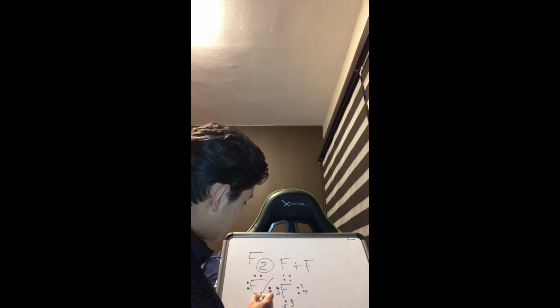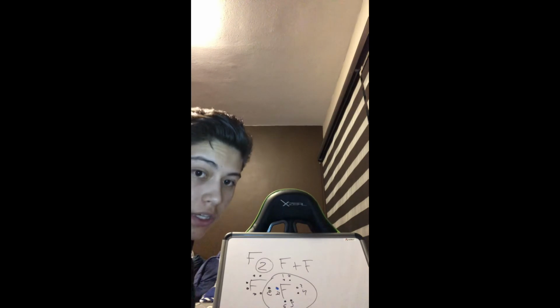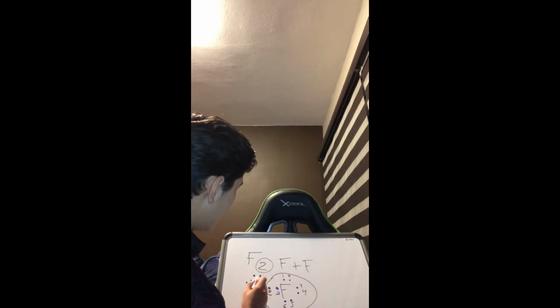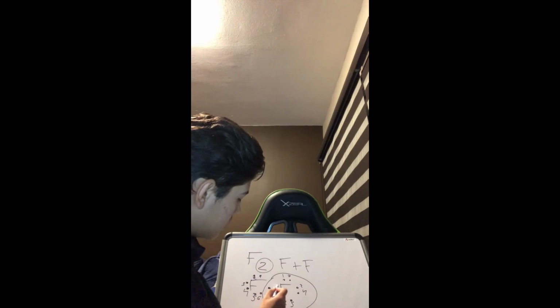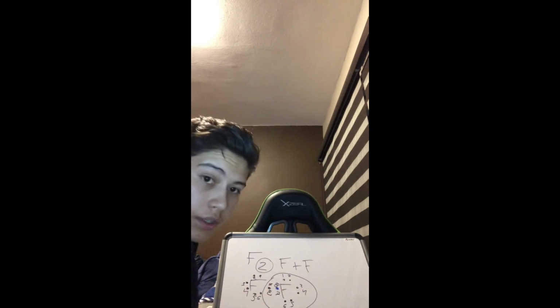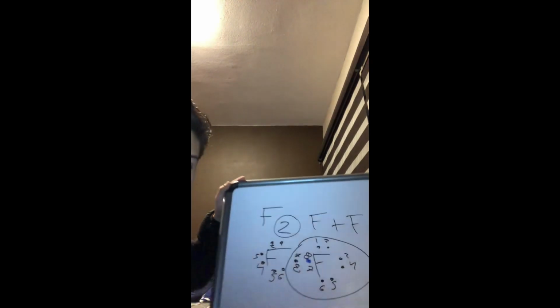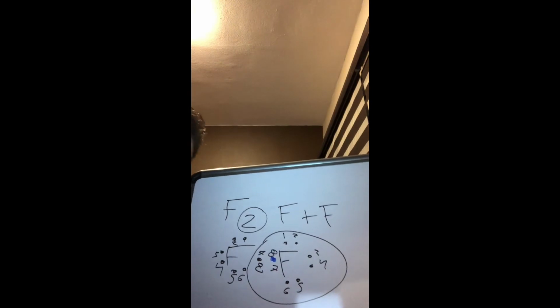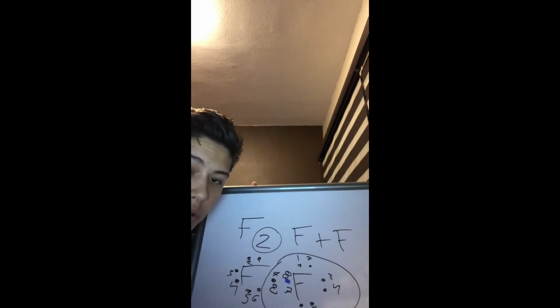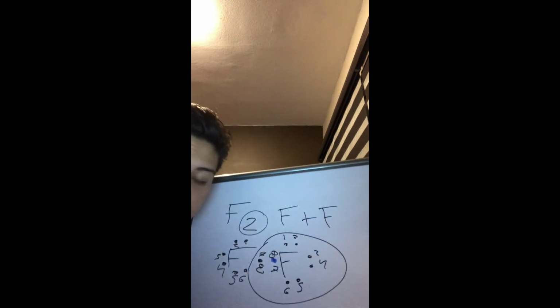If we make a circle like this, we have 8 valence electrons, and it is the same on the other side, at the other fluorine: 1, 2, 3, 4, 5, 6, 7, and the number 8. We can also circle it, but it is not necessary. As you can see, this is how you do the octet rule and how it is correct.